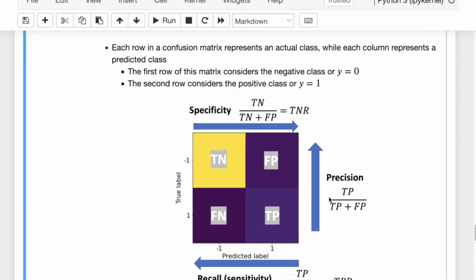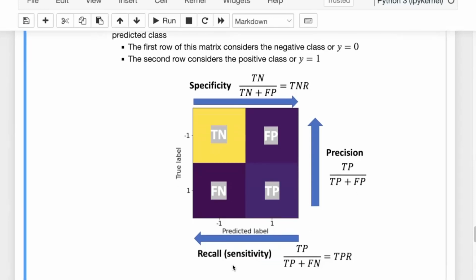And what this tells us is that among the data points that are predicted to be positive, how many of them are actually positive, right? So it looks at this column that we have here. Or in other words, it's really trying to look at the number of false positives.